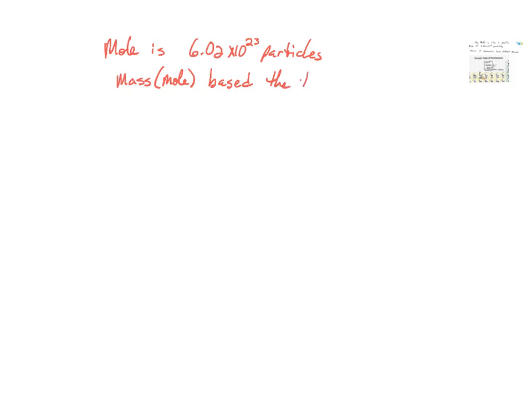Putting these ideas together, we've got a mole is 6.02 times 10 to the 23rd particles. These particles have a mass for a mole based on the type of atoms that make the particles up.